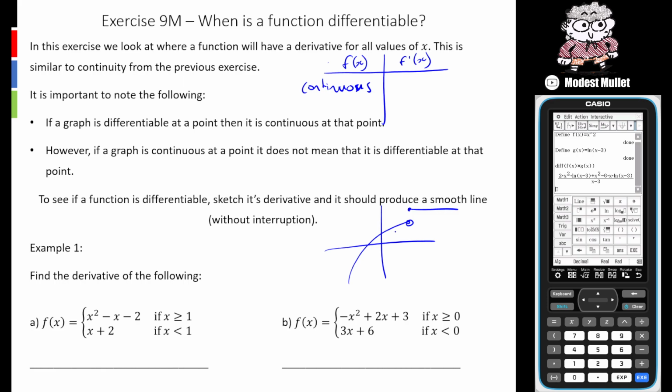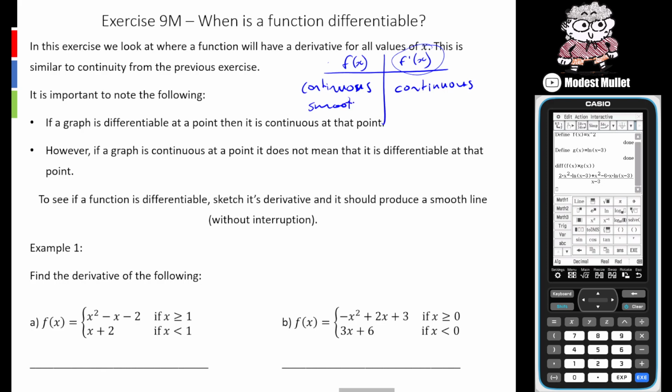Okay, it also means, to be differentiable, that the gradient function, so once we find the derivative, that also has to be continuous. We can't have any gaps in that as well, and it needs to be smooth. Okay, because, and I'll show you some examples in a second, of what happens when that's not the case. Actually, no, it doesn't need to be smooth. This one needs to be smooth.